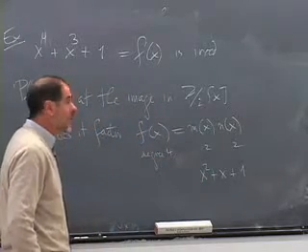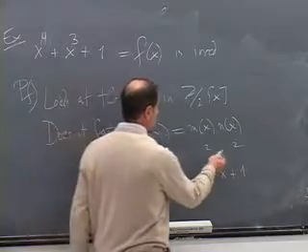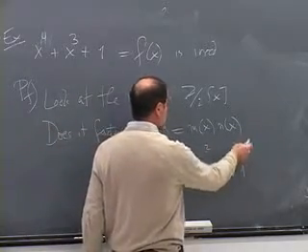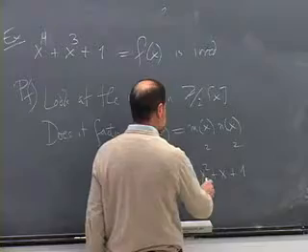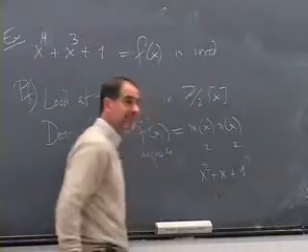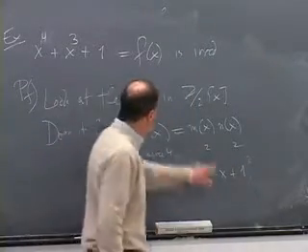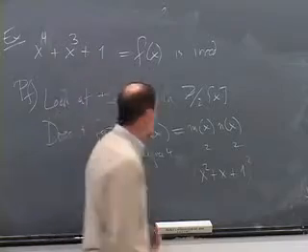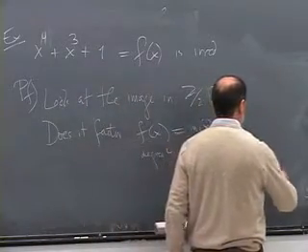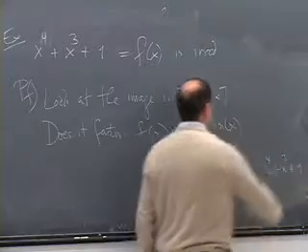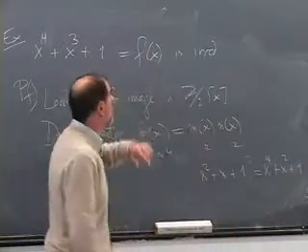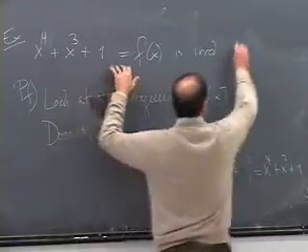The answer is no, because if it divided it, you'd be left with something else of degree 2. So the only possibility is you'd have to square this polynomial. But the square of this polynomial is not equal to that polynomial. The square of this polynomial is, in fact, x to the 4th plus x squared plus 1. So it's not equal to this. So this is irreducible in Z[x].